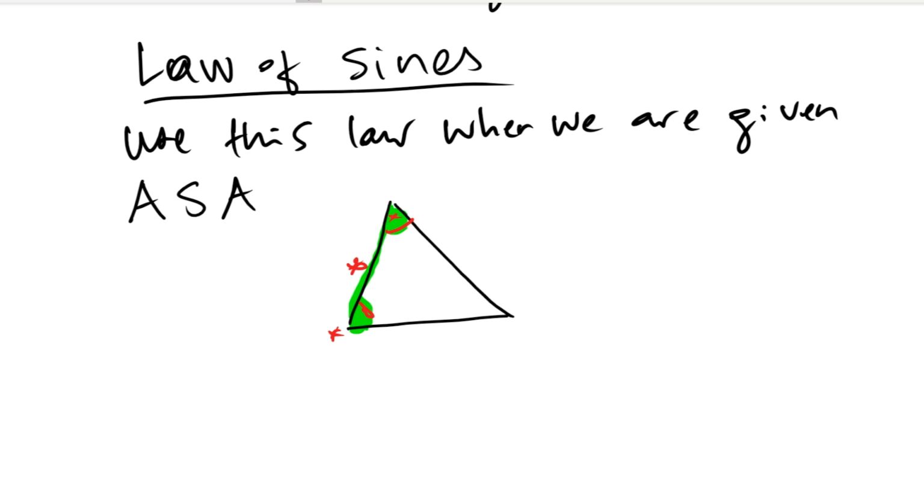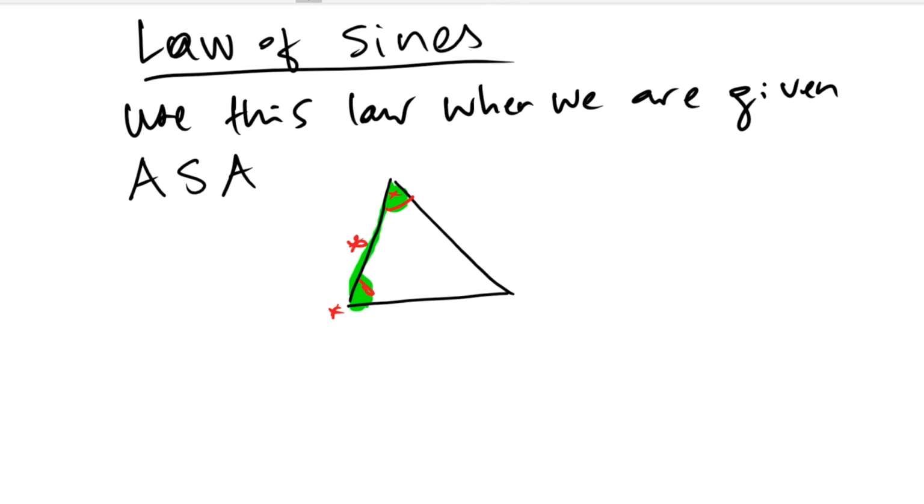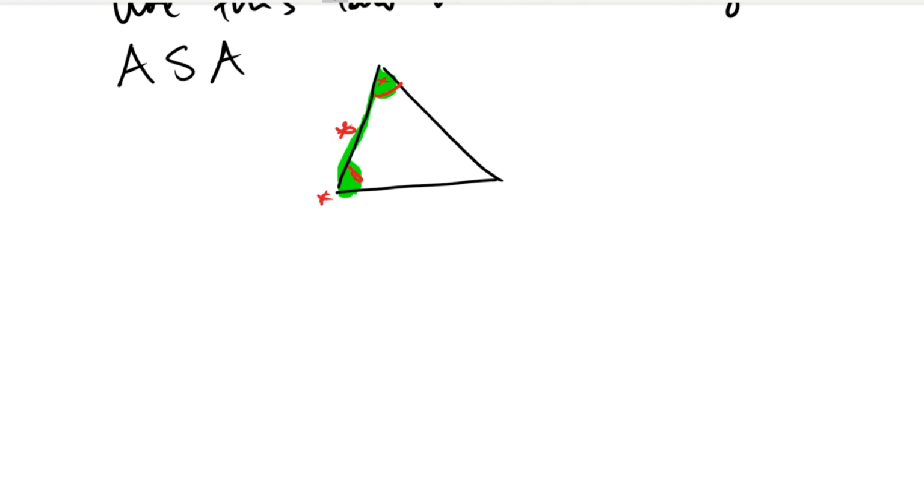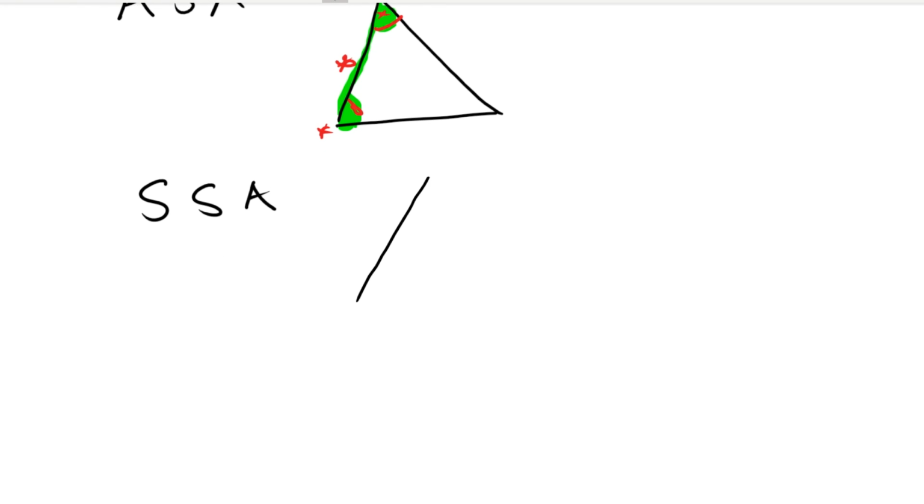We also use the law of sine when we are given a side, angle, side, angle. So if you're given side, angle, side, angle, we use the law of sine.